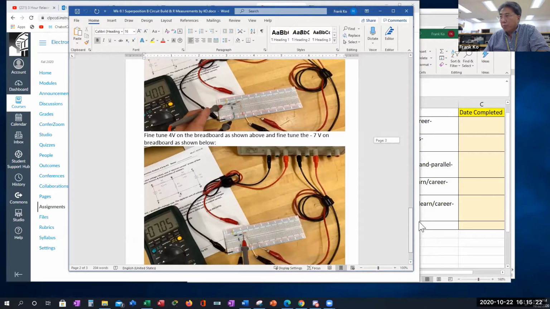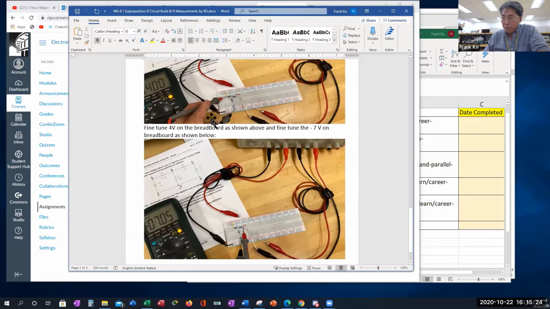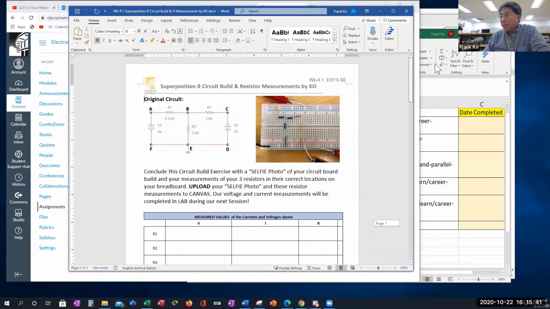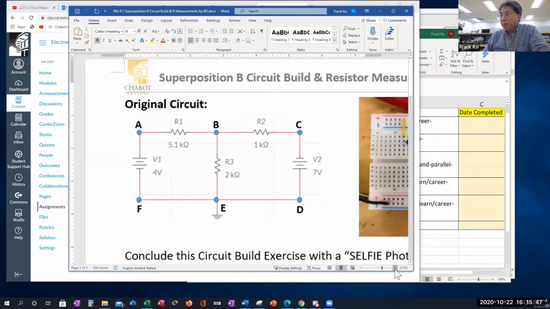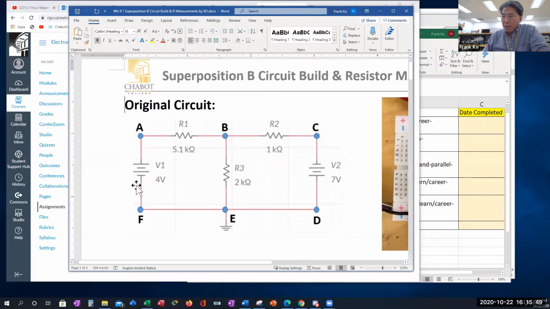This goes to show my confirmation that I have 4 volts supplied on the left-hand side, and this goes to show that I have, interestingly, negative, did you catch that? Negative 7 volts on the right-hand side, because in the actual schematic, if you notice, and I'll make this bigger for you, notice that V1 has positive plate on top, negative on the bottom, whereas V2 has negative on top, positive on the bottom.